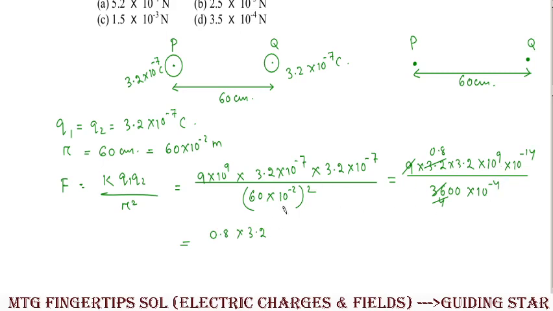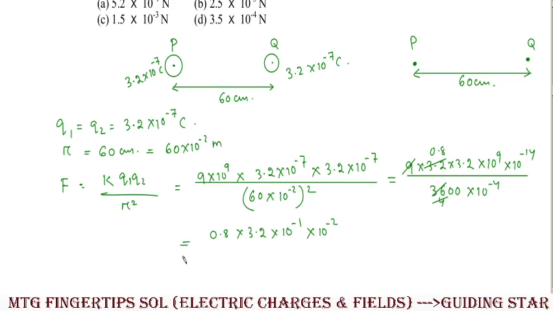Then 10 to the power 9 minus 14 gives 10 to the power minus 5, divided by 10 to the power 2, and moving to the numerator it becomes 10 to the power minus 2.